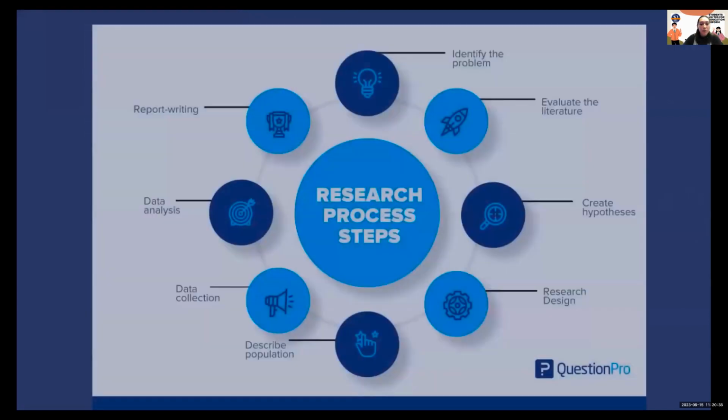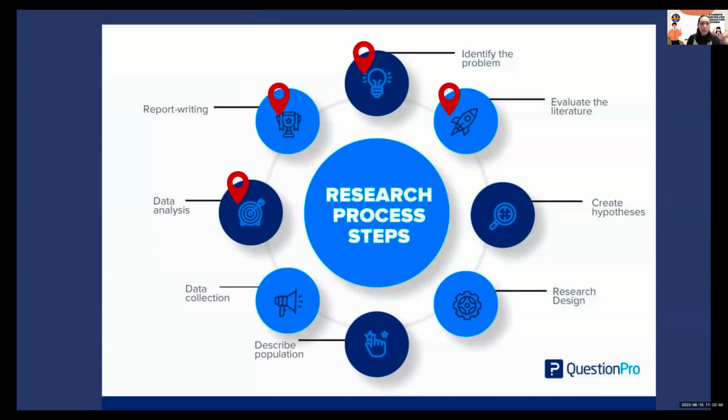Today, we're going to focus on about 4 different areas of the research process, but particularly 3. I'll talk about data analysis as a way how to use AI within that space, but we'll really focus on the 3 main ones: identifying the problem, evaluating the literature, and report writing.